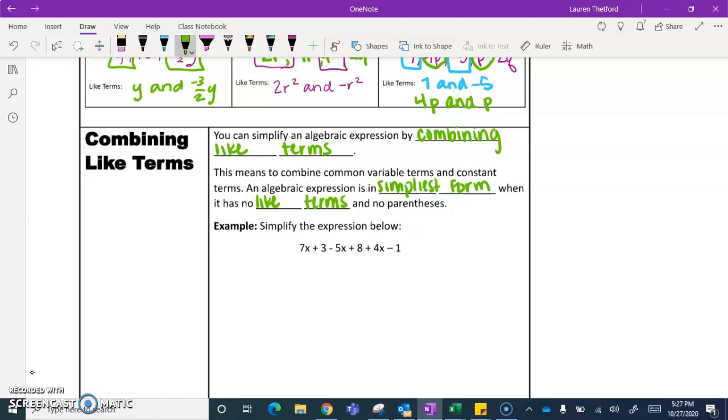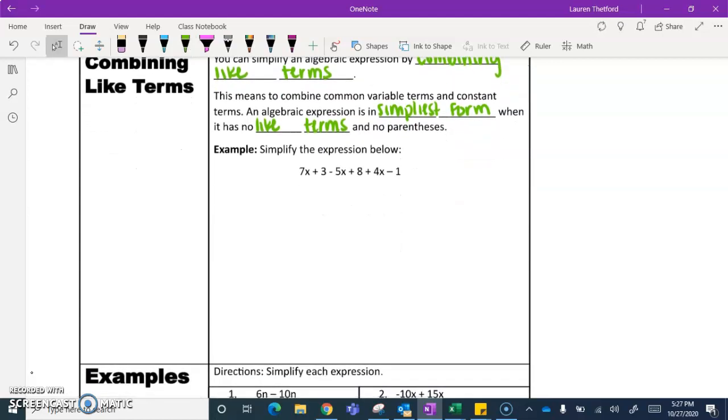For example, we're given the expression 7x plus 3 minus 5x plus 8 plus 4x minus 1. So this is where I start using that box and circle method that I talked about earlier. What you do is you box in everything with a variable and include the symbol in front of it, so that addition or subtraction sign.